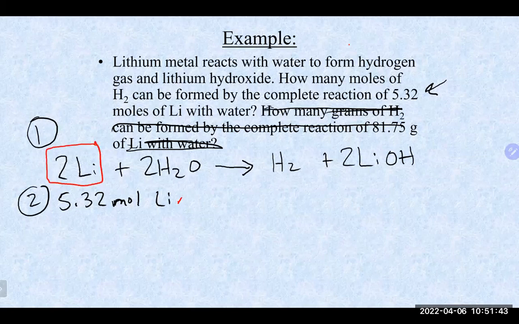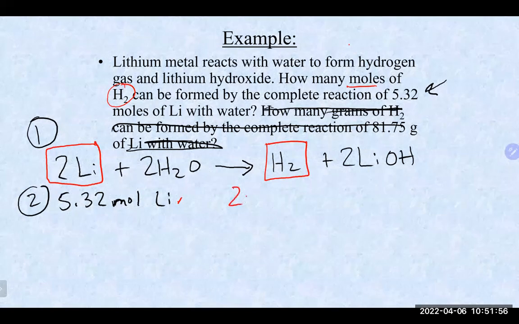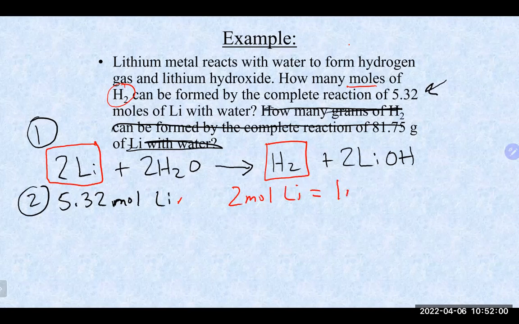So in this case, we are trying to find how many moles of H2. So from the equation, we could get our relationship, and that is for every 2 moles of lithium I throw in there, I get 1 mole of H2 out. And again, simply just the coefficients from the balanced equation.